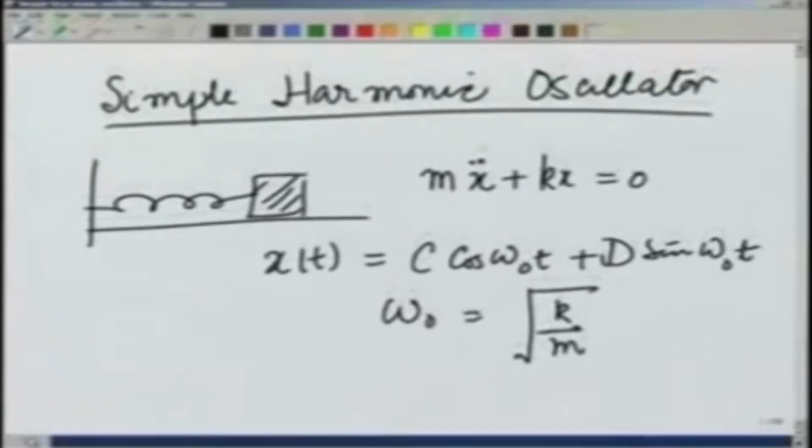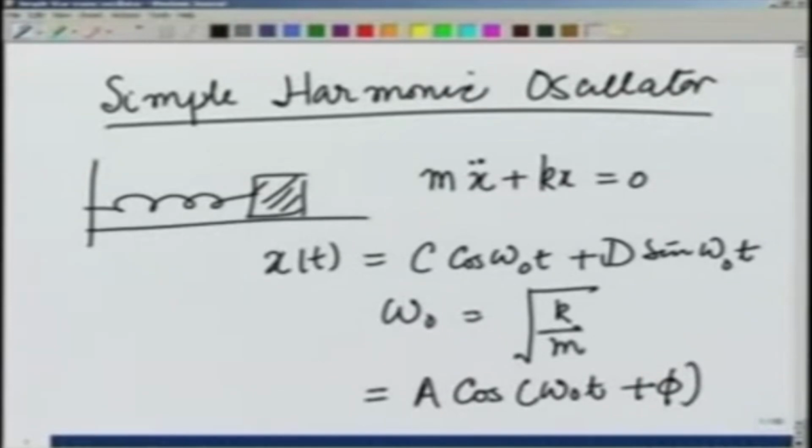The solution can equivalently be written as an amplitude A times cosine of omega 0 t plus phi, where the constants A and phi are determined by the initial conditions.